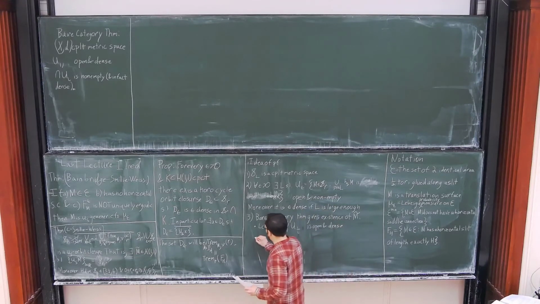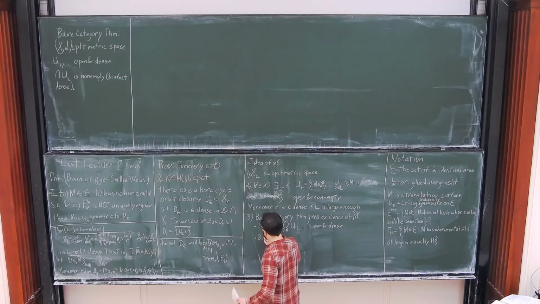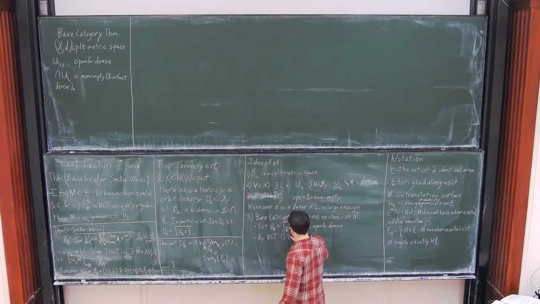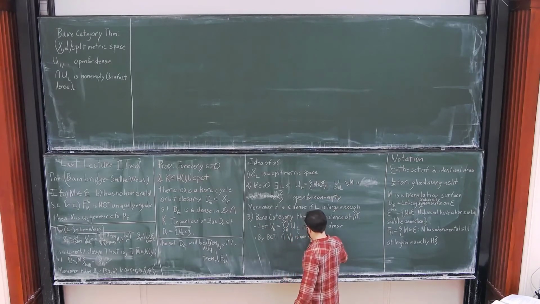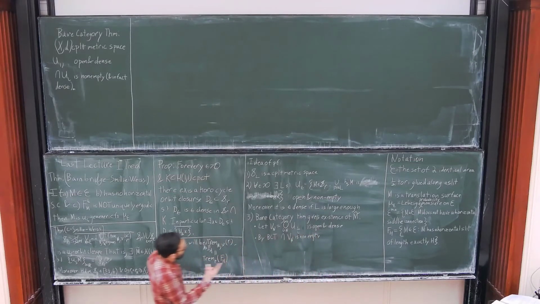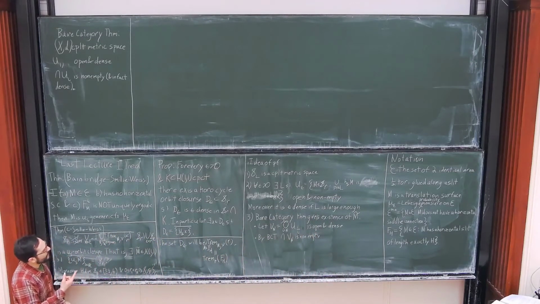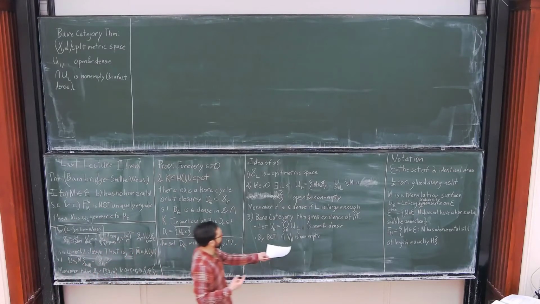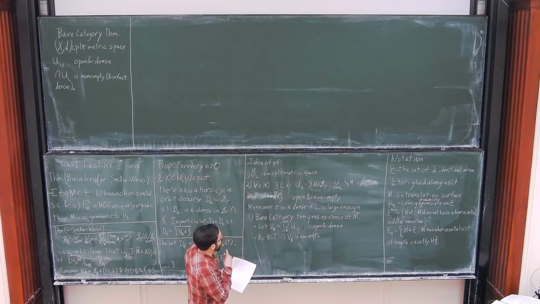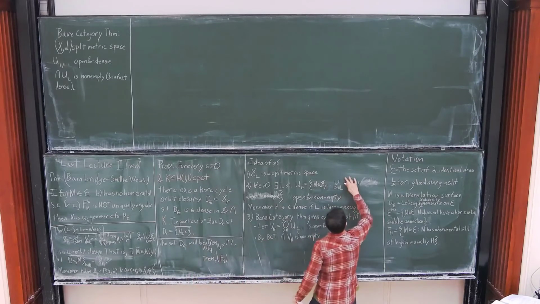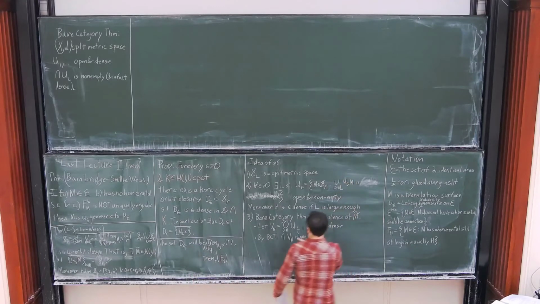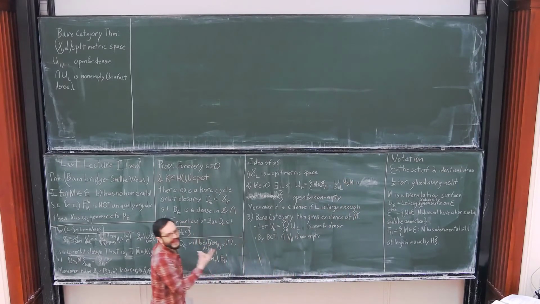So by the Baire category theorem, the intersection of the V sub n is non-empty. But the intersection of the V sub n's has that its horocycle orbit is 1 over i dense for all i.